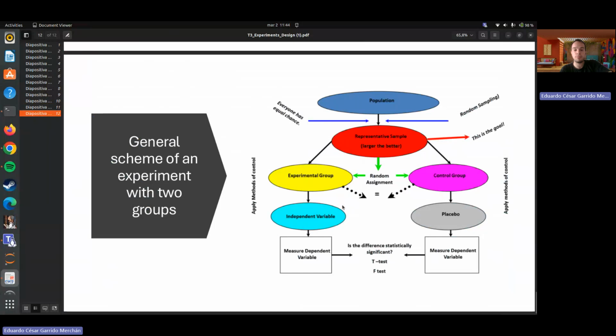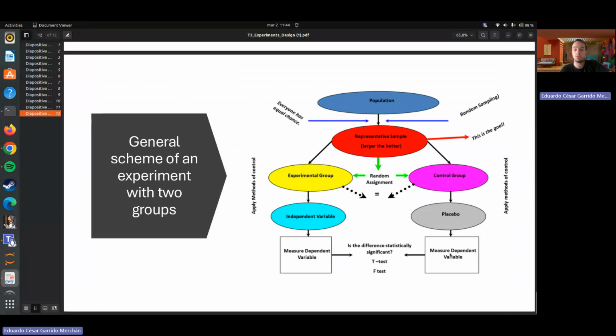So we apply the stimulus to the experimental group, and then we measure a dependent variable, for example, the performance in 1,000 meters, the sales, or the money spent on a certain product by the experimental group who has seen an ad, with respect to the control group.